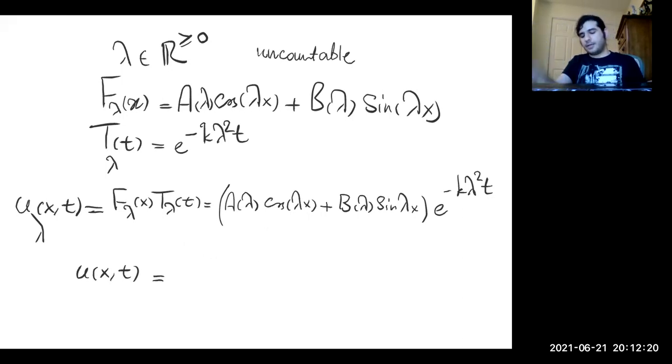We can take their integral, actually. So here x can be anything from minus infinity to plus infinity, and lambda is any non-negative number. So lambda can be anything from 0 to infinity.